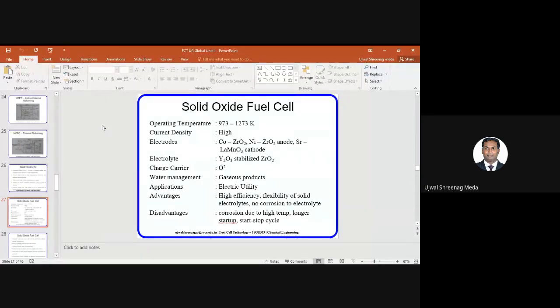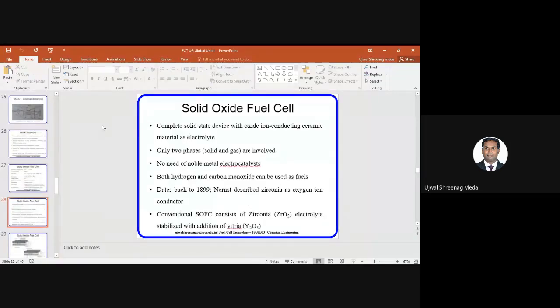Of course, recently researchers have explored the possibility of using SOFCs for other applications as well, but mainly it is known for large scale power generation. Okay, so with that, let's find out more information about the components and the reactions involved.